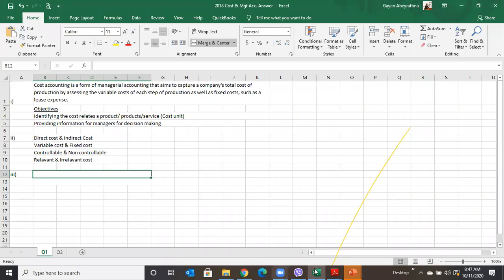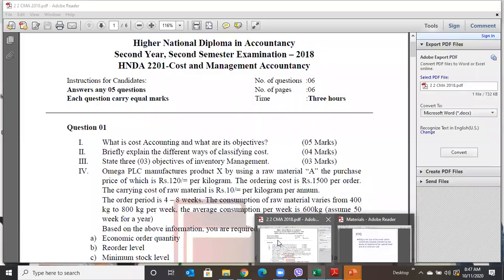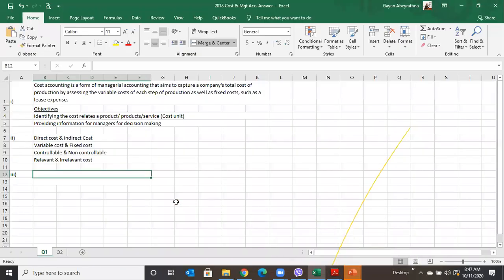So one of the main objectives of inventory management is keeping the smooth flowing of the manufacturing process.